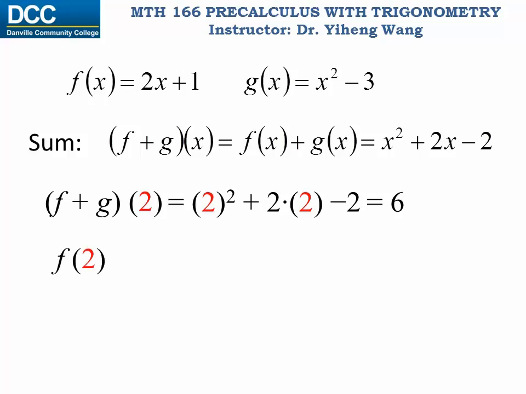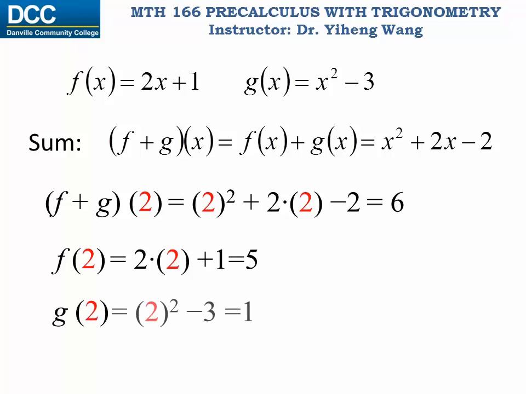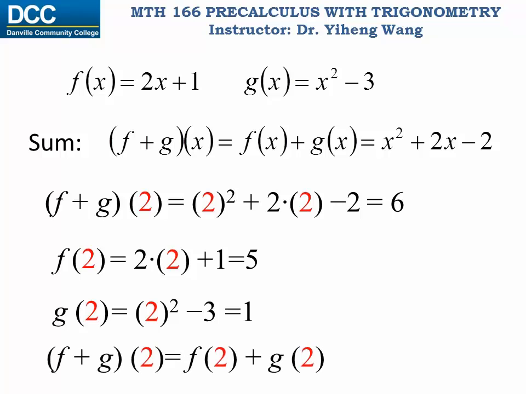So, f evaluated at 2 equals 5, and then g(2) equals 2 squared minus 3, and that's 1. Therefore, the sum function evaluated at x equals 2 simply equals f(2) plus g(2), and that equals 6. And as you can see, you get the same answer.